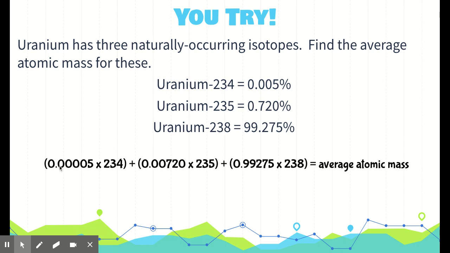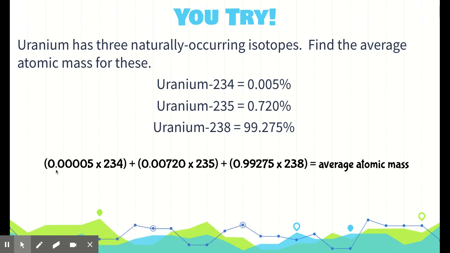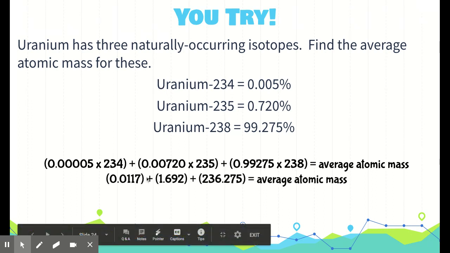You're going to change this 0.005% into a decimal, so to do that, we're moving our decimal point 2 spots to the left. Multiply it by that mass, plus the next percentage times its mass, plus the next percentage times its mass, and then you add those results to get your average atomic mass of uranium, which is 238 AMU.